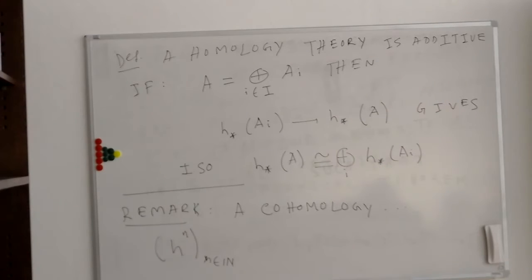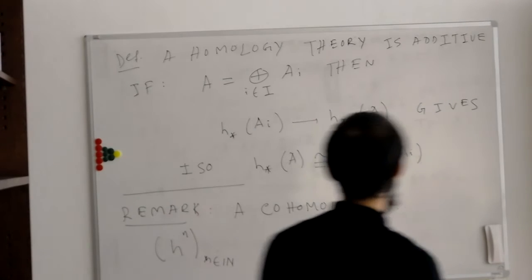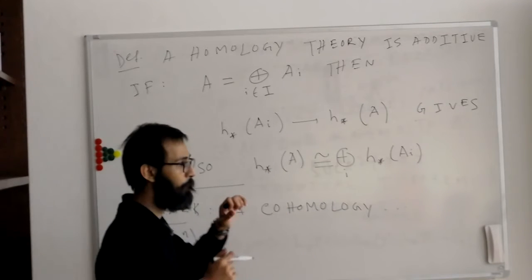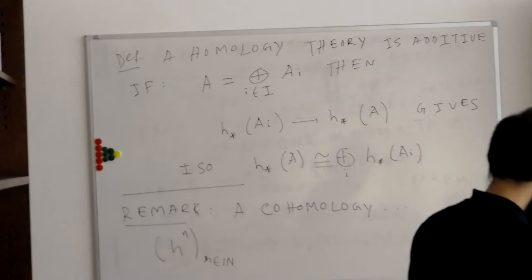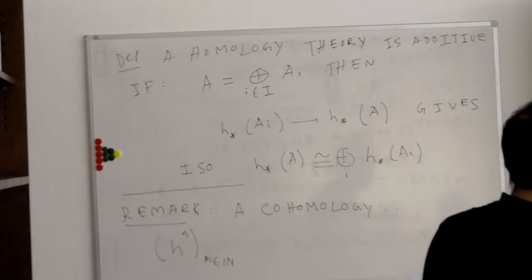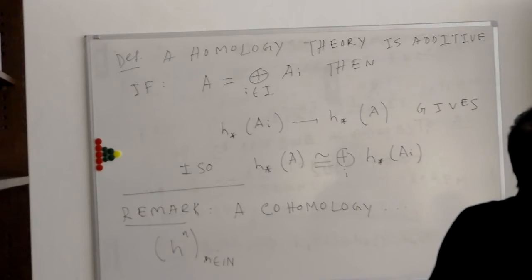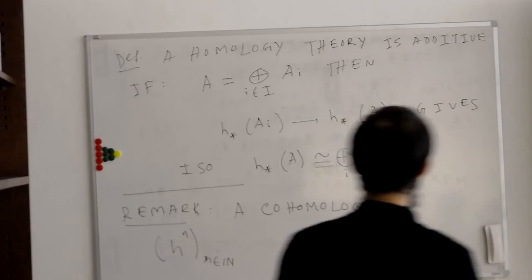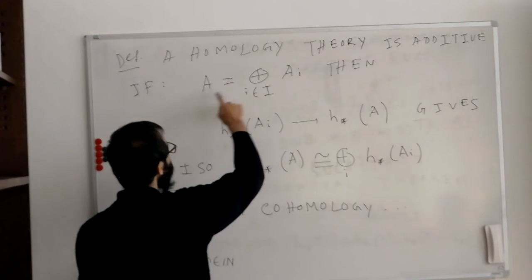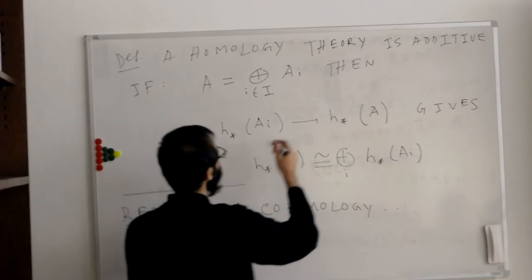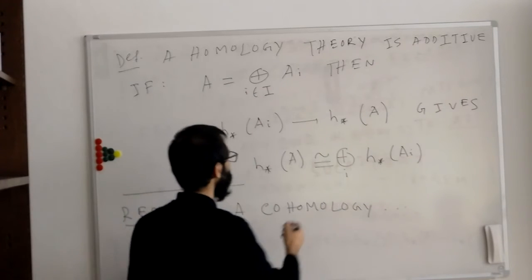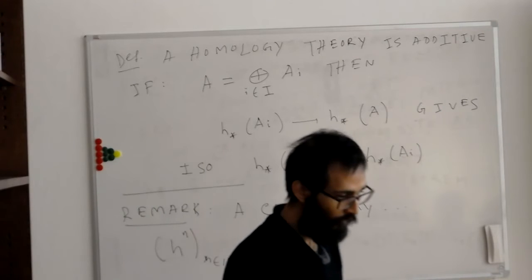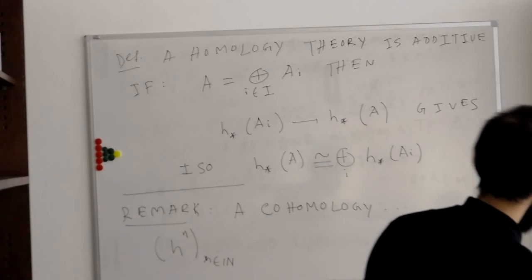If you have, so there's a question: the map from H star of A, is it coming from H star of A_i? Yes, it's the inclusion of A_i into A that gets induced. And a cohomology theory is additive.